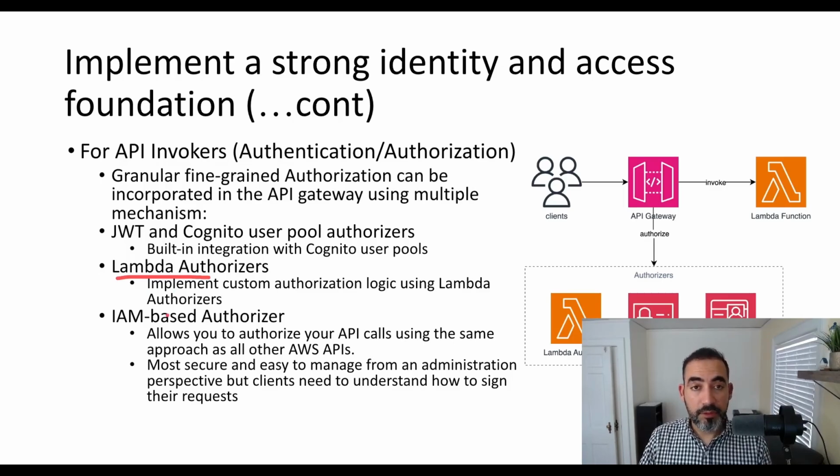The third authorization approach is using IAM based authorizers, and it is actually recommended that if possible, if you could use the IAM based authorizers, then use these, because it uses the same service, which is IAM, for managing access, so you don't have to use some other service. And obviously you are using the same service which the rest of the AWS APIs use to authorize the API calls.